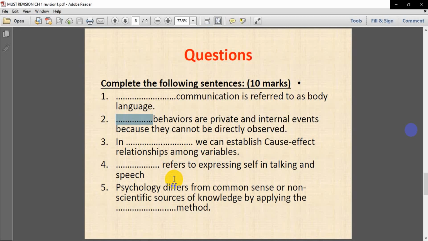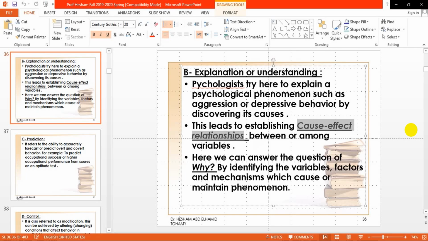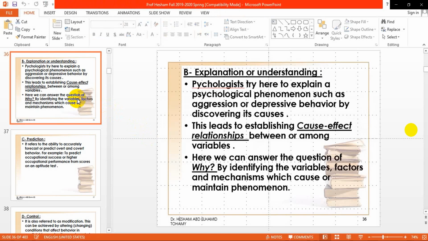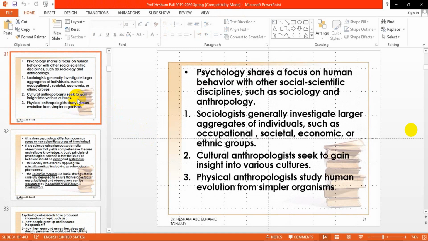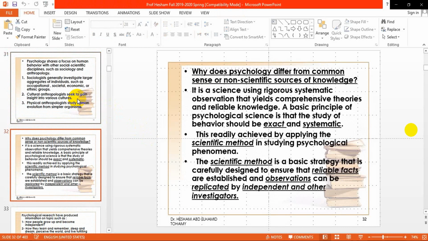Psychology differs from common sense or non-scientific source of knowledge by applying... Check this slide and you will be able to answer this question. Why does psychology differ from common sense or non-scientific source of knowledge?